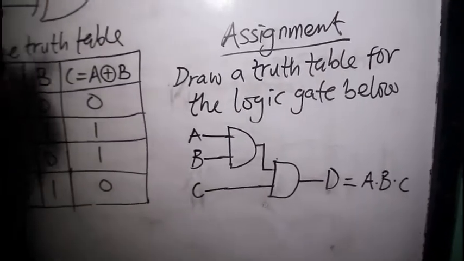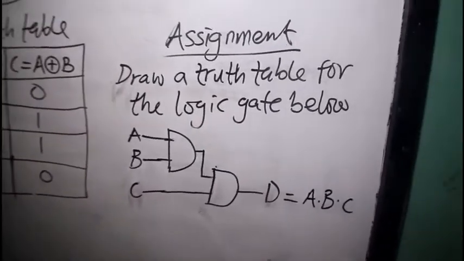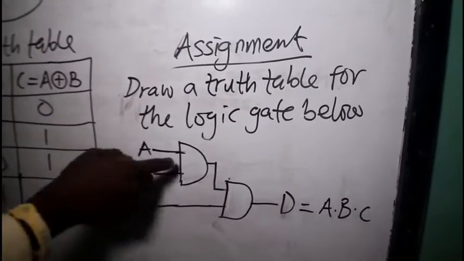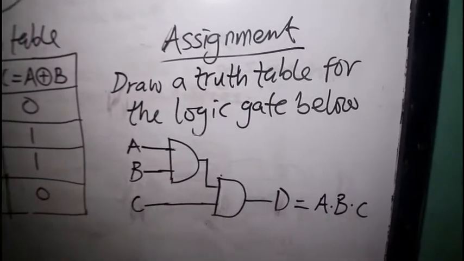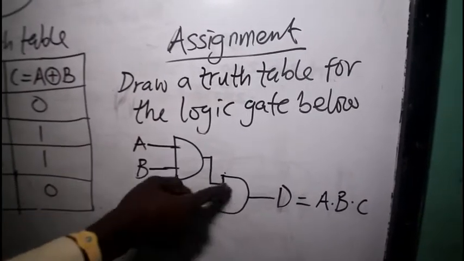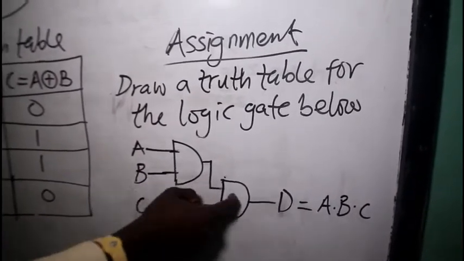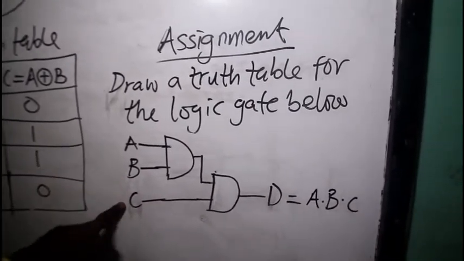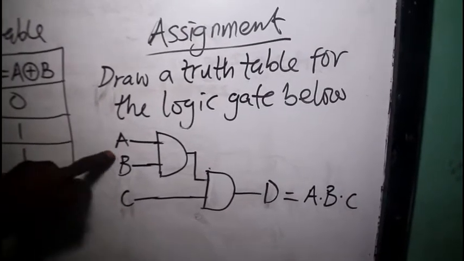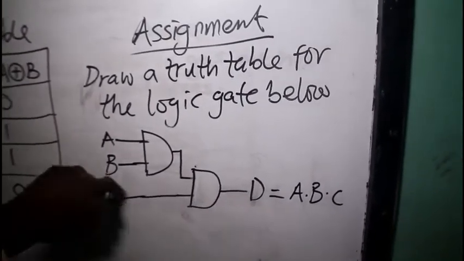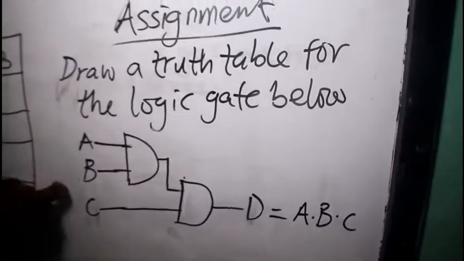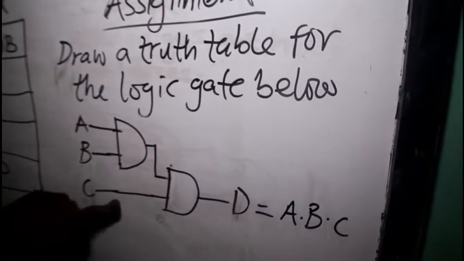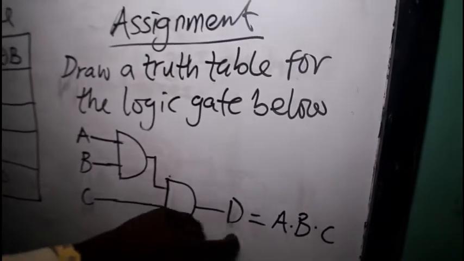Now I have a logic gate here with 3 inputs. Remember, we say a logic gate can have 1 or more inputs, but here is a combination of 2 AND gates. I'm combining 2 AND gates together to form what we refer to as an alternative logic gate with 3 inputs, input A, B, and C, and our output will be D. Whatever we get from these two inputs, our result here will be used with the other input to get our output.